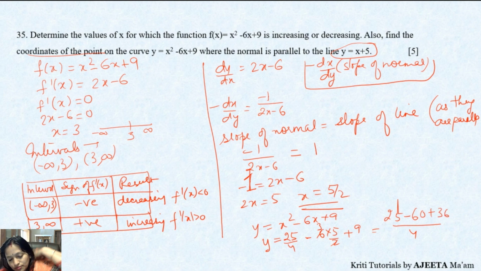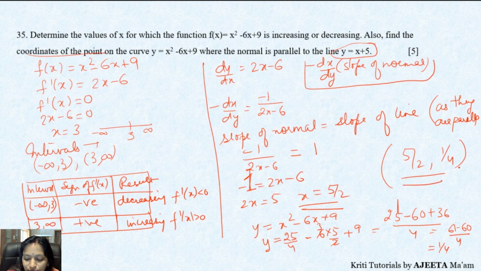So what will you get? 1 by 4. So what are the coordinates of the point? 5 by 2 and 1 by 4. So that is the final answer. Always half mark is for this, because most of the students don't write the coordinates properly. They just find the answer for x, but they don't write it in this form.